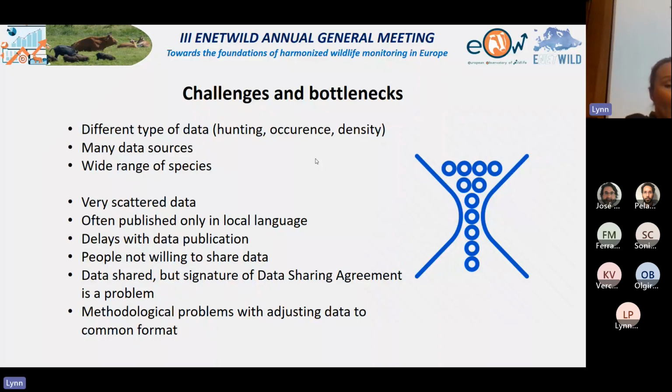But there are also methodological problems with adjusting data to a common format. We are getting data in different varieties and with different understanding. We in Poland also faced situations where we get the data and are almost sure that it's calculated perfectly, and then, after for example one year, while talking with somebody, it ends up like, what was the background?